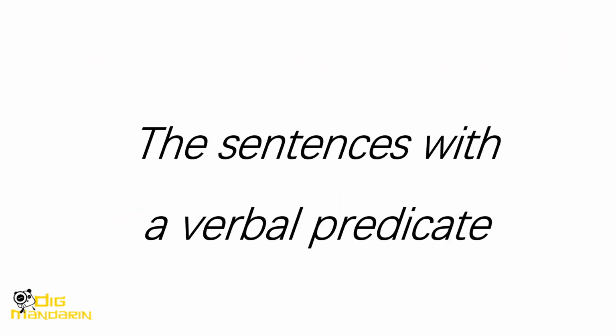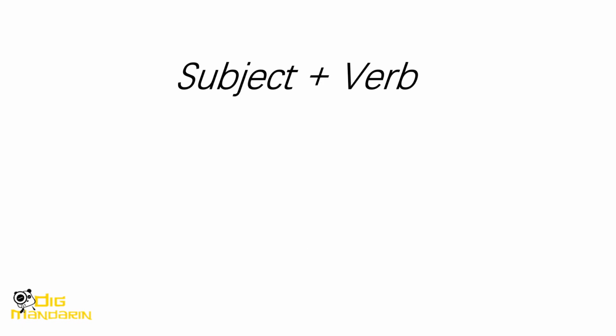Well, after looking at the adjective functioning as a predicate, now we will go to structure 2, the sentences with a verbal predicate. In this kind of structure we use a verb to function as a predicate.